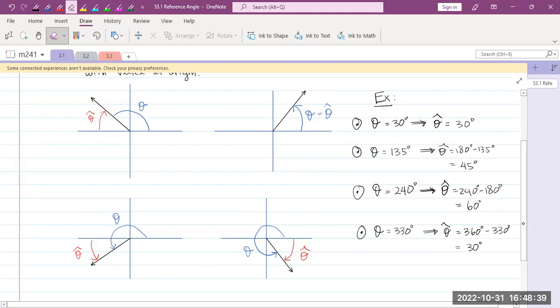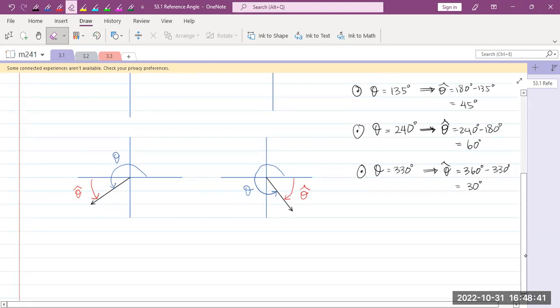Now, in general, we see that if theta is in quadrant 1, which means it's already an acute angle, then the reference angle of that theta must be the same as that angle.